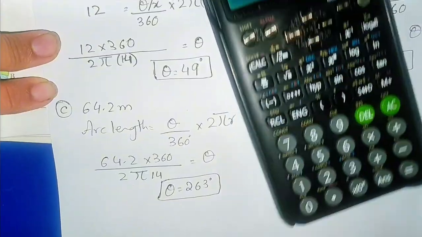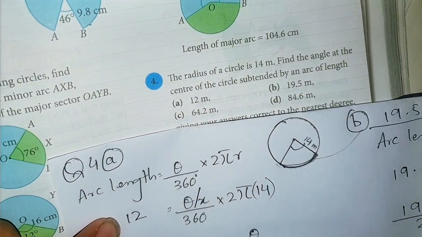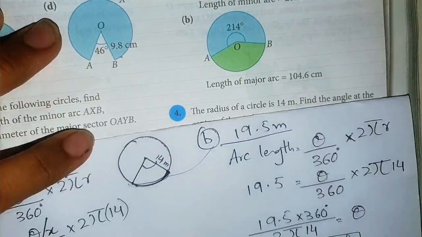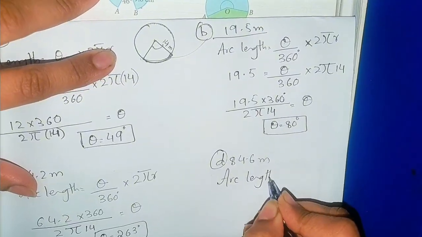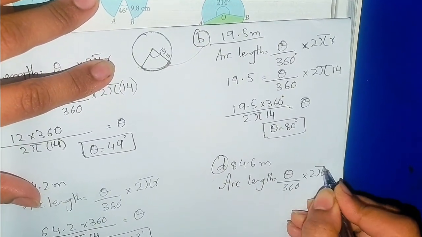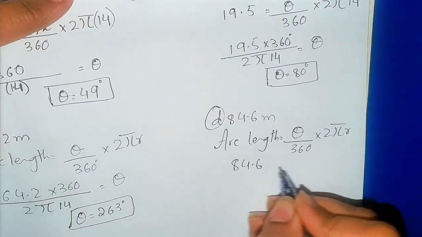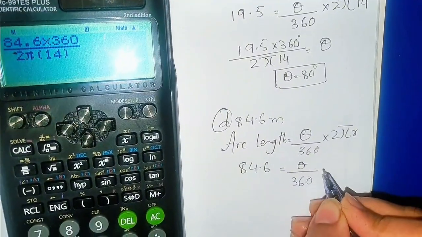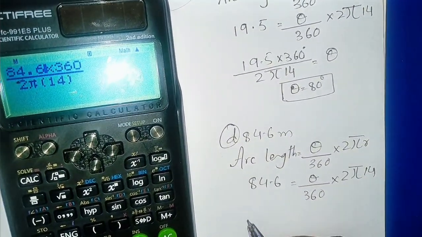Now part D is, here the arc length is given, it is 84.6 meters. So arc length is equal to theta upon 360 times 2 pi r, and you can see 84.6 is equal to theta upon 360 times 2 pi, and the radius will remain the same, that is 14.